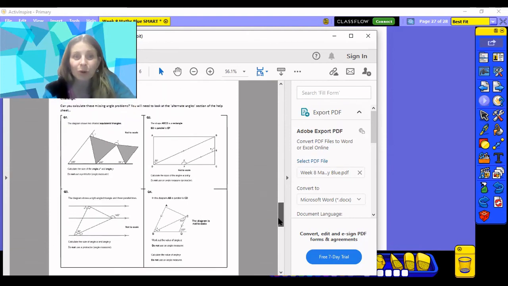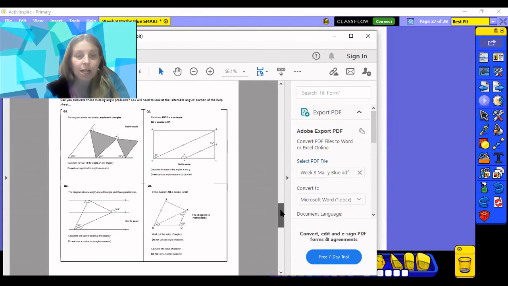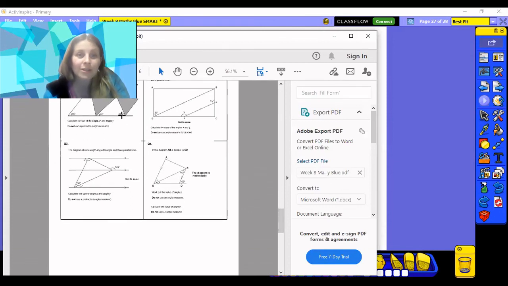Then it goes on to some more complex missing angle problems, but just remember to do loads of annotation before you start. What do you know, what can you see, what information will be helpful to you to solve this problem. And you'll be advantaged with this next challenge, in fact, because there are some angles labelled, so they give you some information that you didn't have on the first one.